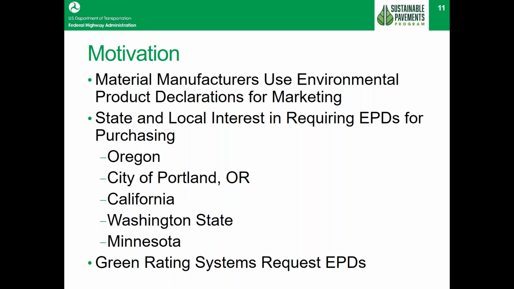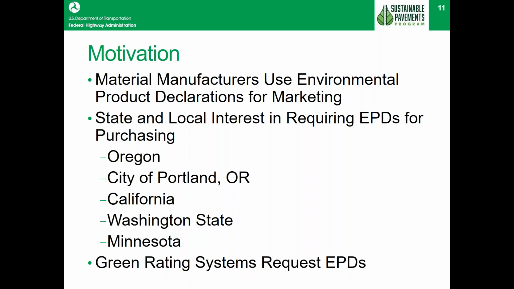Just a quick word about the context and the motivation for the development of environmental product declarations. State highway agencies have always been in the business of assessing and choosing materials to meet their transportation needs. But if you're looking to really understand the environmental impacts of construction materials being used in projects, what are the data that can be used to inform that analysis?